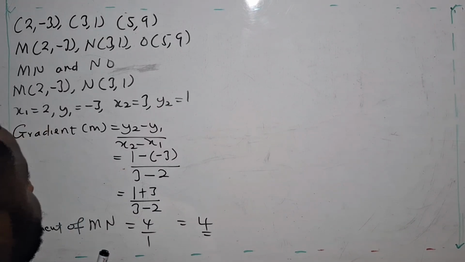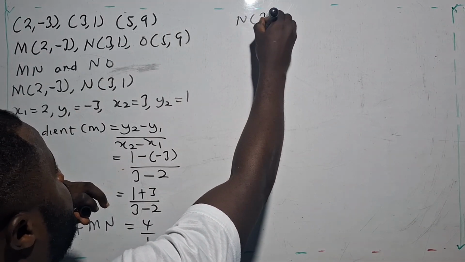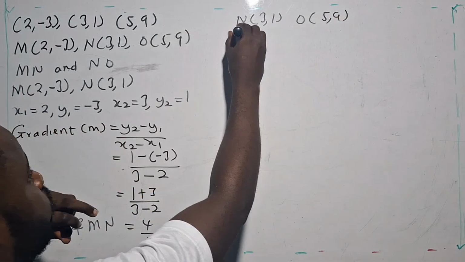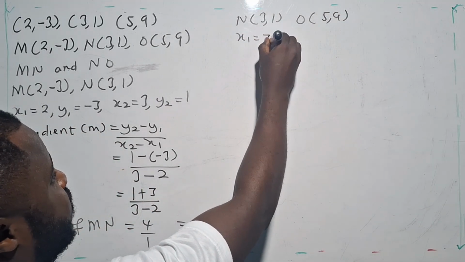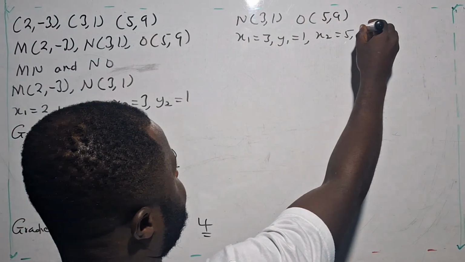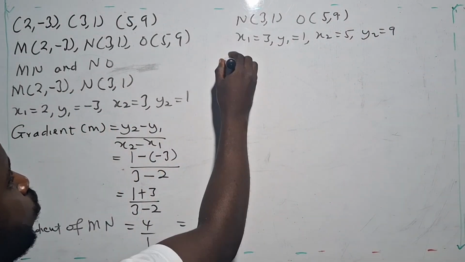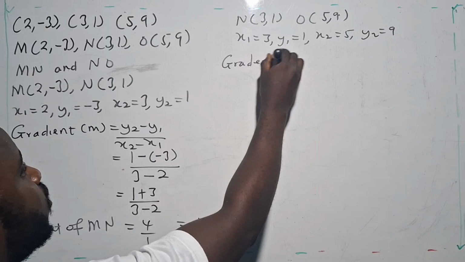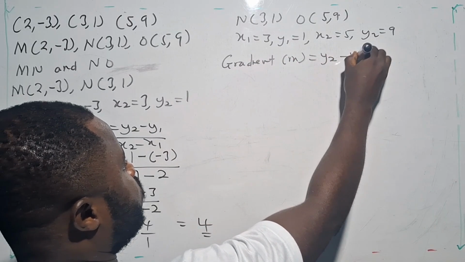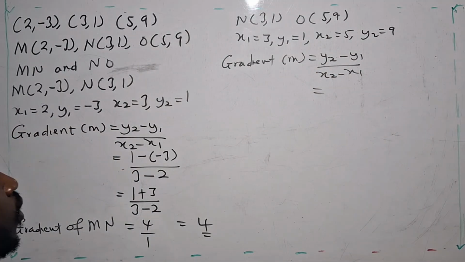So line MN, we have gotten a gradient of 4. Now let's find the gradient of NO. So N is (3, 1), then O is (5, 9). So let's identify our x and y coordinates. y1 is 1, x2 is 5, y2 is 9. So y2 minus y1 over x2 minus x1.